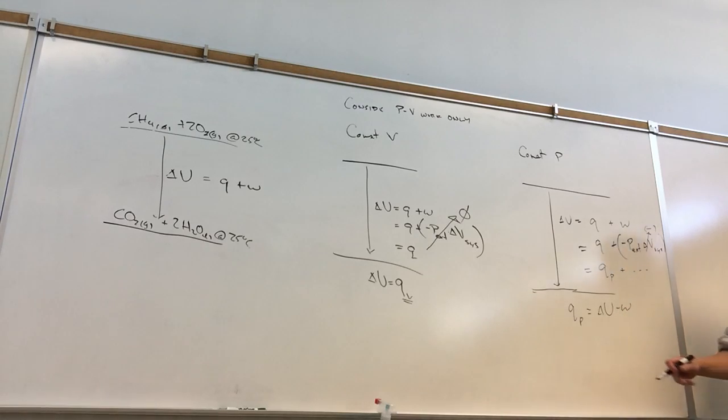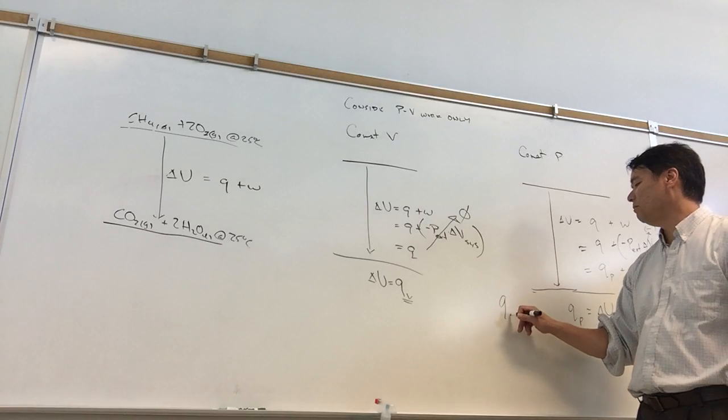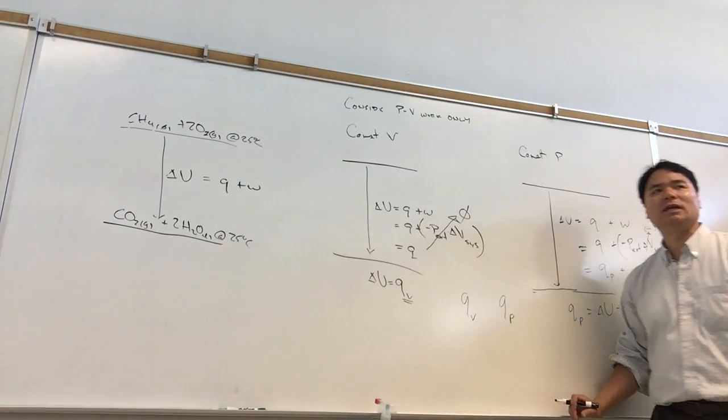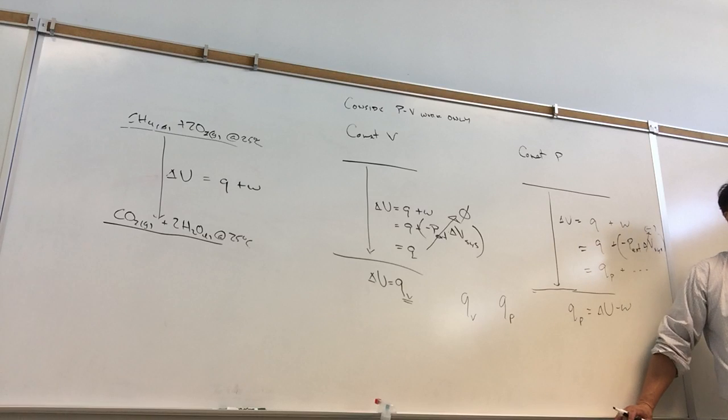And so what's going to happen here is QP compared to QV, which one gives off more heat? If you were to heat a pot of tea, which would give you more heat? Doing it under constant pressure or doing it under constant volume? Constant volume?